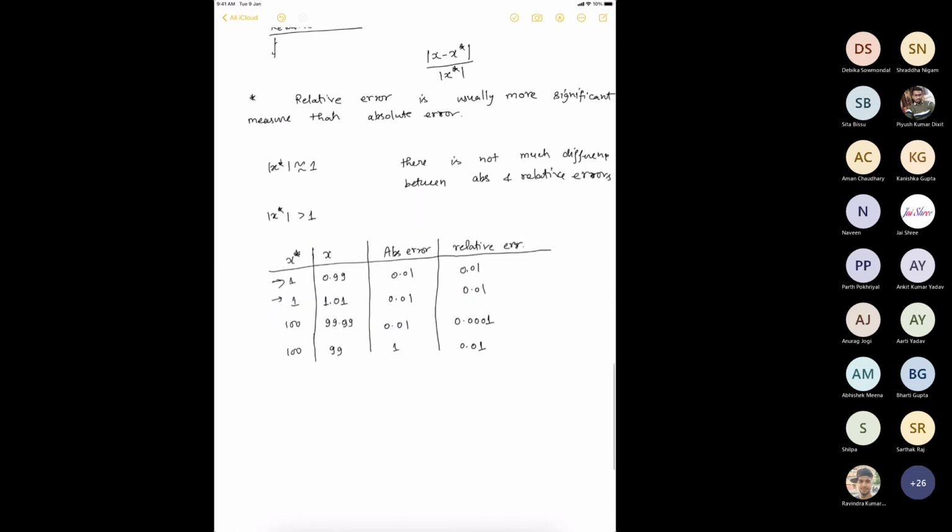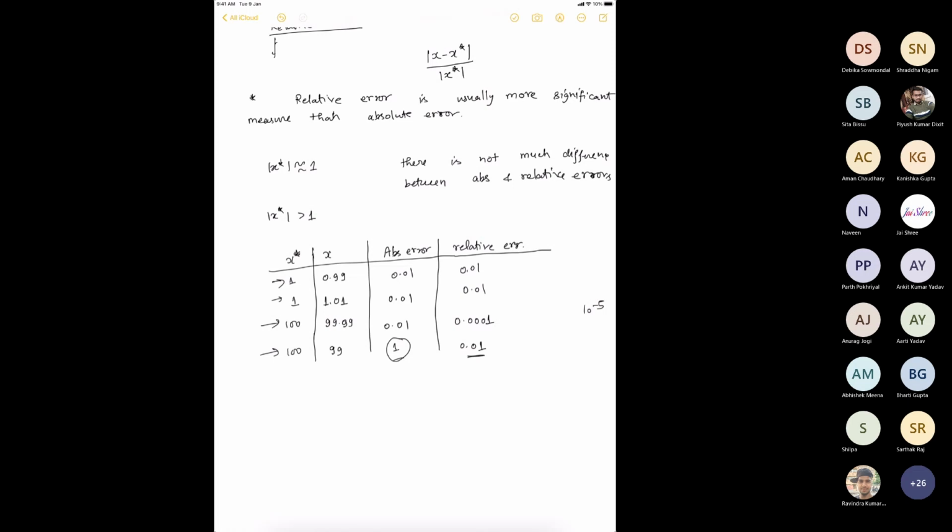So you can see that when your x star is large, your absolute error becomes very large, right? So suppose you are looking for your error to go down by a tolerance of 10 to the power minus 5, and you can compare that you have here 10 to the power minus 2 and this is 1, right?